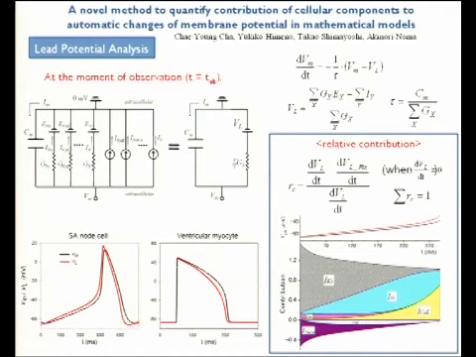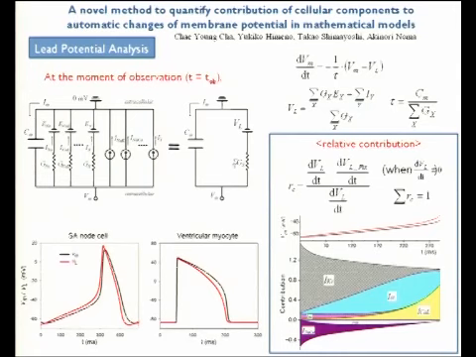Now we can measure the relative contribution of the channel by measuring how much dVL/dt is modified when the temporal dependency of the channel is selectively eliminated. The amount of the modification, normalized, is defined as the relative contribution RC.